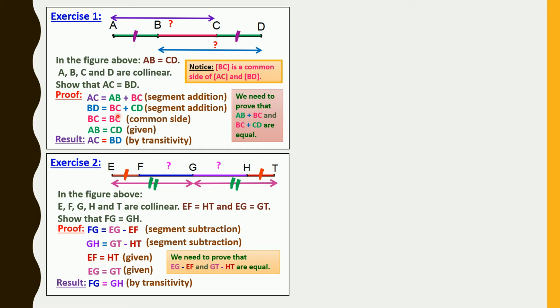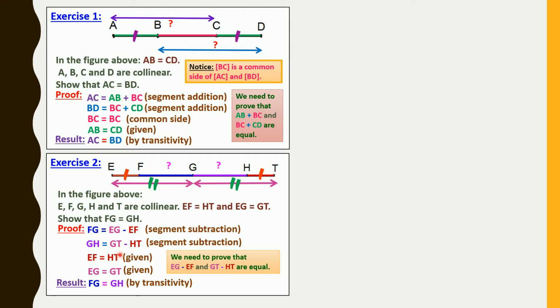In the first one, when we prove that these two quantities are equal, for example, if AB was equal to 2 centimeters, then CD is also 2. For example, BC is 3 centimeters, and 2 plus 3 and 3 plus 2 are equal to 5. So we proved that these two segments are equal without having any measurements.